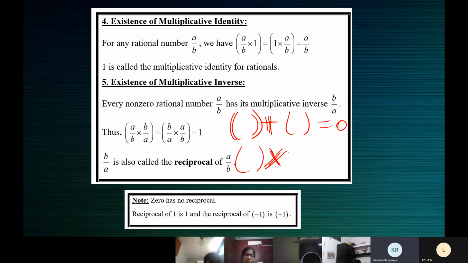So into what rational number will give the product as 1? For this rational number, this is the reciprocal. Like we say, for this rational number, this is the negative.